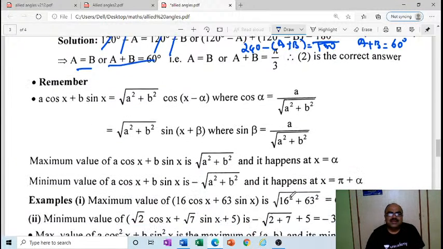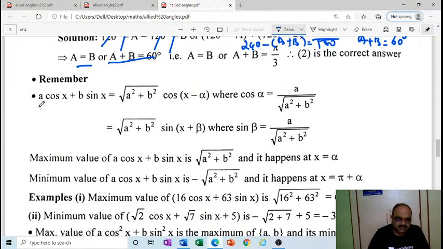Now let me take you through another set of formulas.